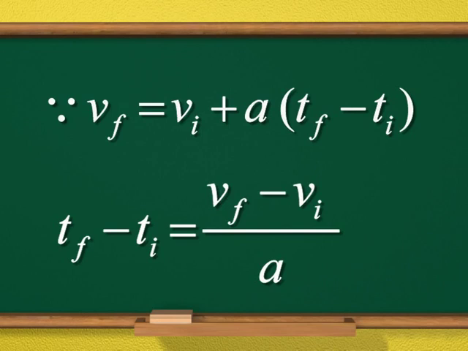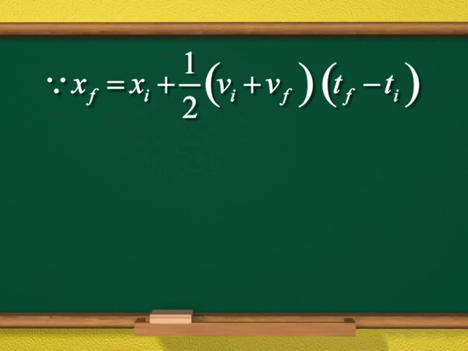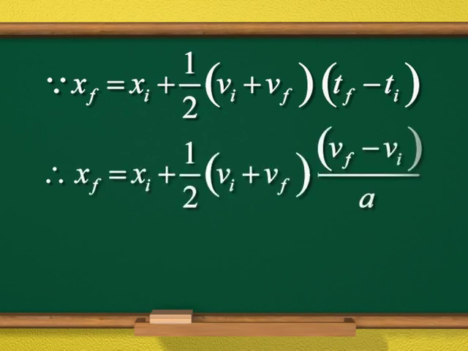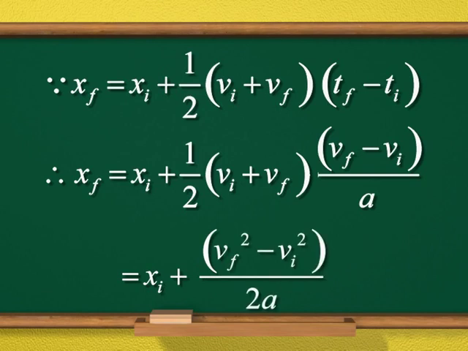Now, we substitute this value into the position-time relation, that is xf equal to xi plus half of the sum of Vi and Vf multiplied by Tf minus Ti, and by eliminating t, we get xf equal to xi plus half of the sum of Vi and Vf multiplied by Vf minus Vi upon a, which is equal to xi plus Vf square minus Vi square by 2a.